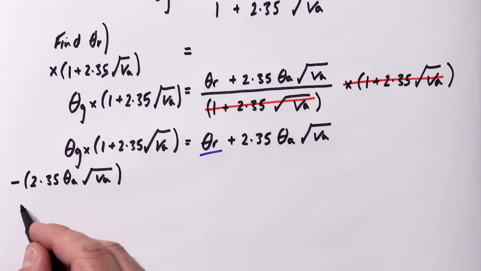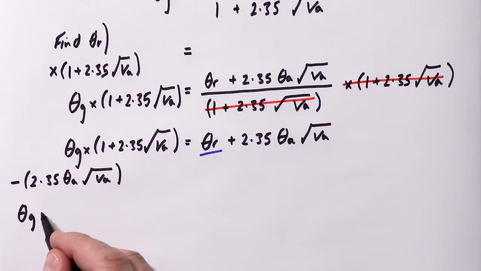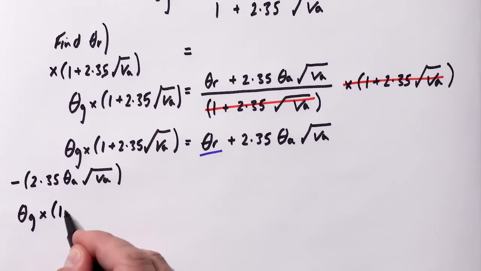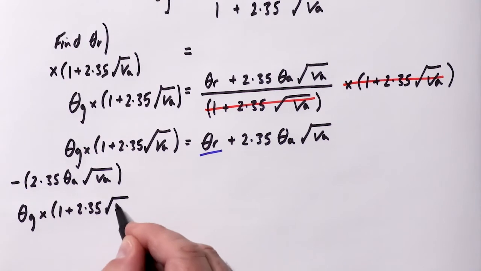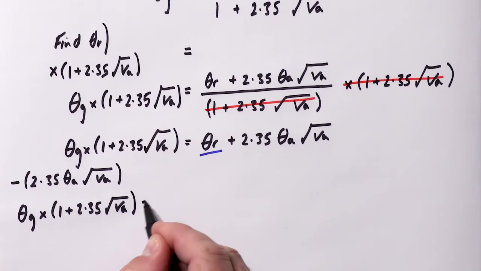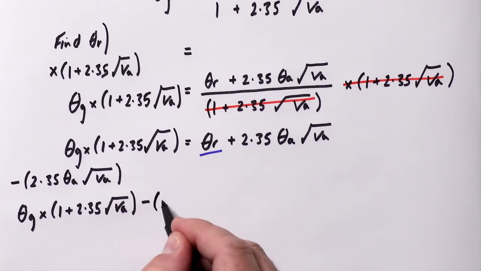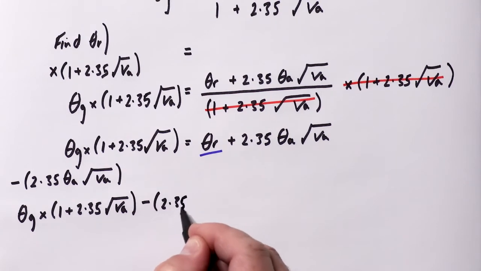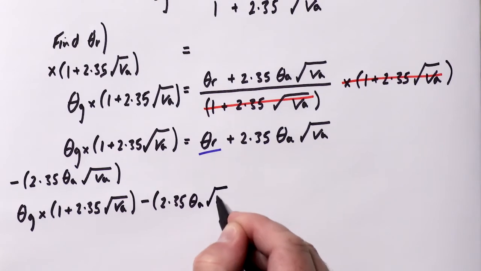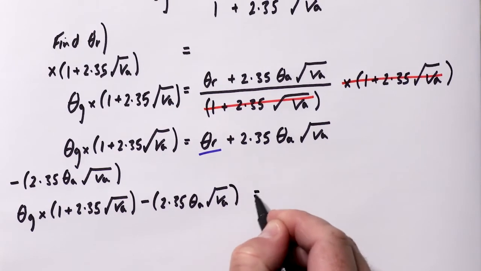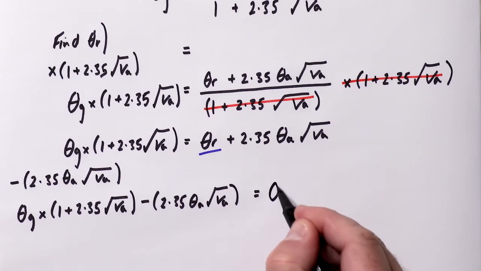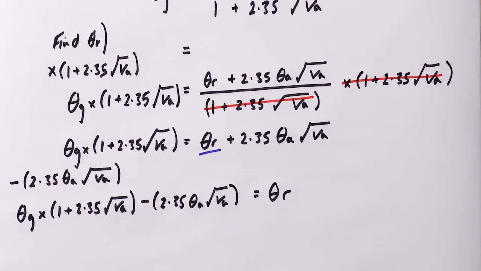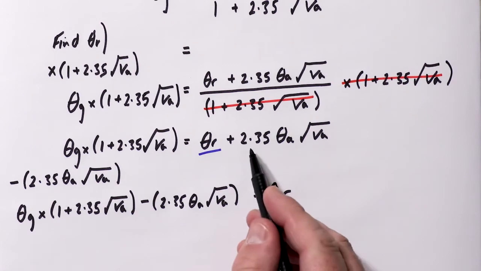I'm going to take a moment to write that out in full. So that means I now have this part of the equation again, plus 2.35 VA, close it, minus 2.35 VA equals QR on its own, because I've taken that whole section out.